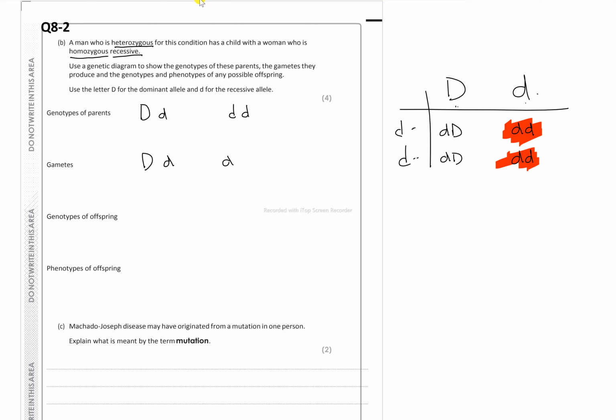So the genotypes are D, and whatever, D. And the phenotypes, how does it show itself? You're going to say this has a disease.